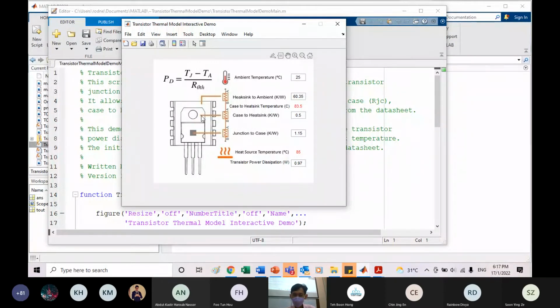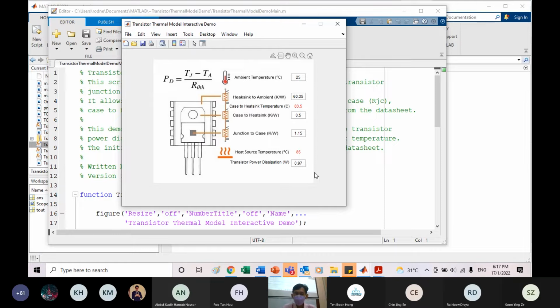And the metal at the back here, case to heat sink, is 0.5. And lastly, the heat sink itself, 60.35. And then our ambient temperature is 25 degrees, and the power dissipation is 0.97, like I showed just now.